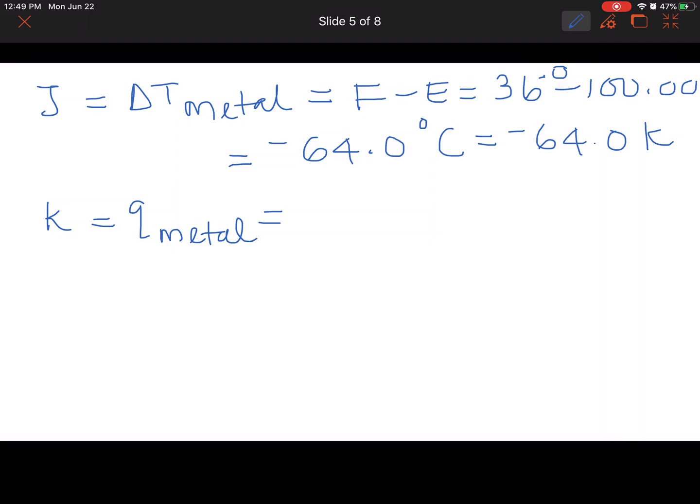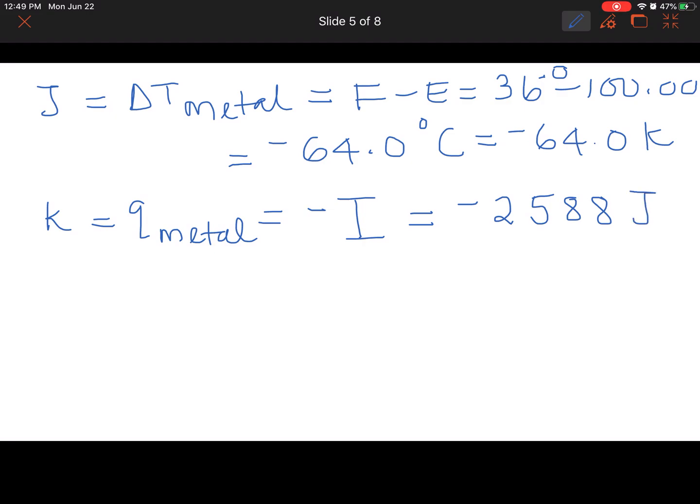Where do we have the Q water? Q water is at I. So basically K is going to be negative I. Right? Negative I, which we found as our I, which is the heat absorbed by the water, 2588, but you need to write the negative number of that.